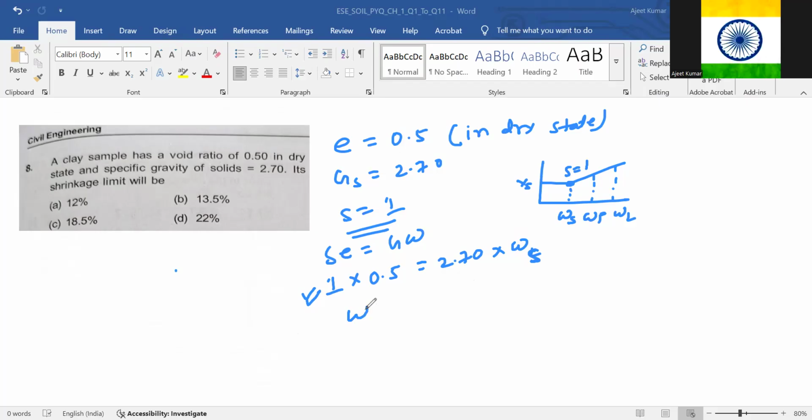So Ws is equal to 0.5 divided by 2.70, and in percentage you multiply by 100. This gives 18.5%. So this will be the answer.